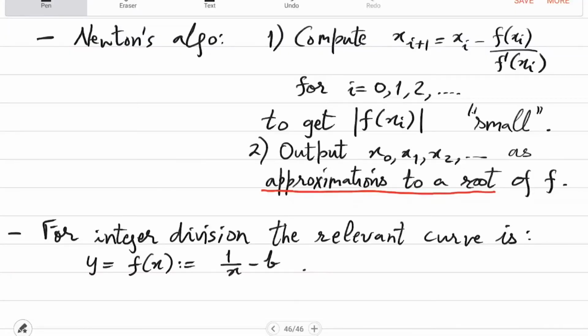So here you will invoke Schönhage-Strassen or whatever. This is minus 1 over x square, and let's see Newton iteration, step 1.